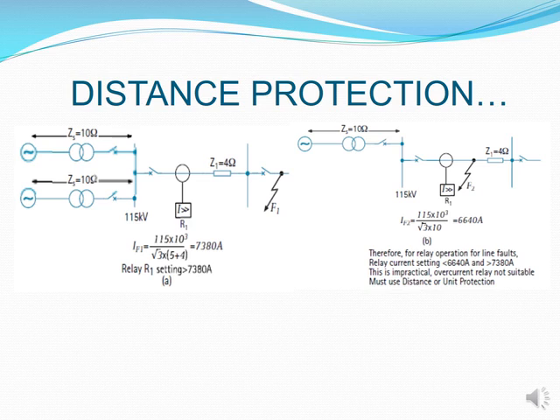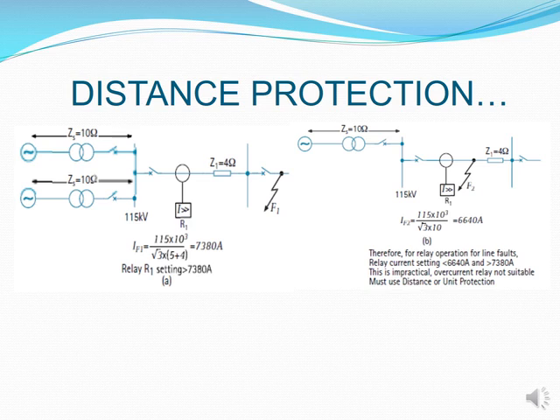To calculate the fault current at F1, they take the impedances of your two transformers and parallel them, so it becomes a 5, and then you add the 4 of your line to get 9. Looking at your voltage, you will end up with a fault current of 7380 amps.